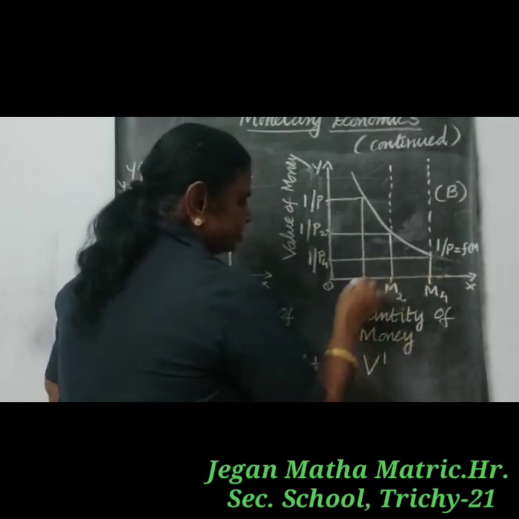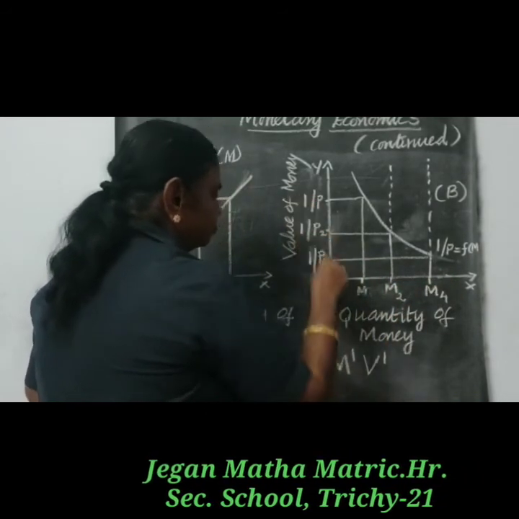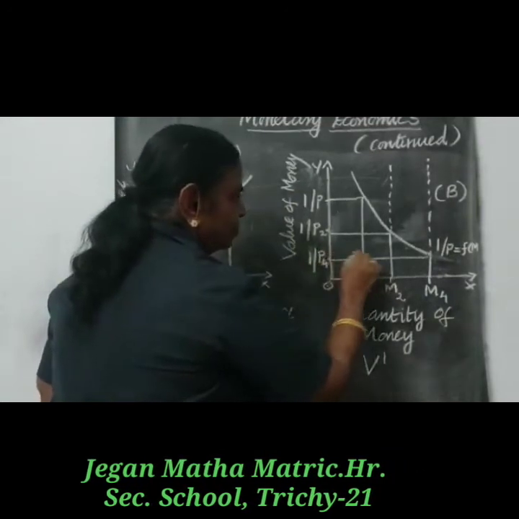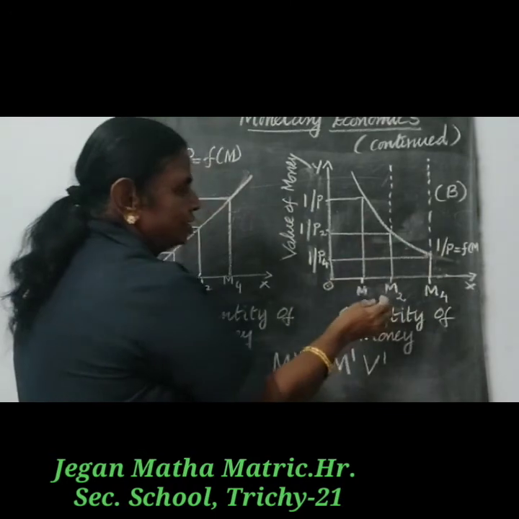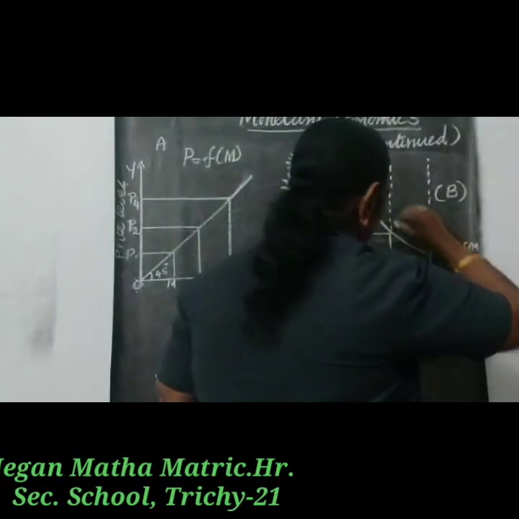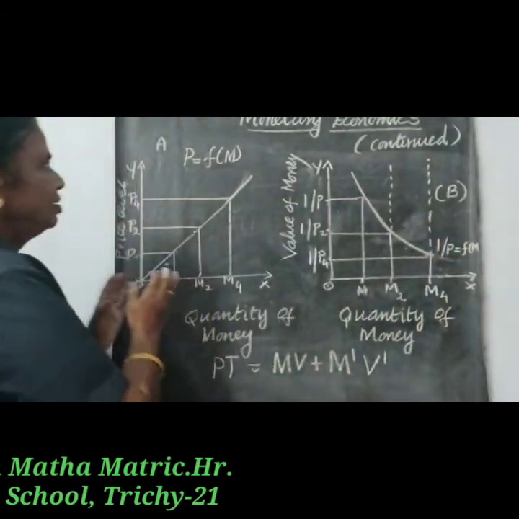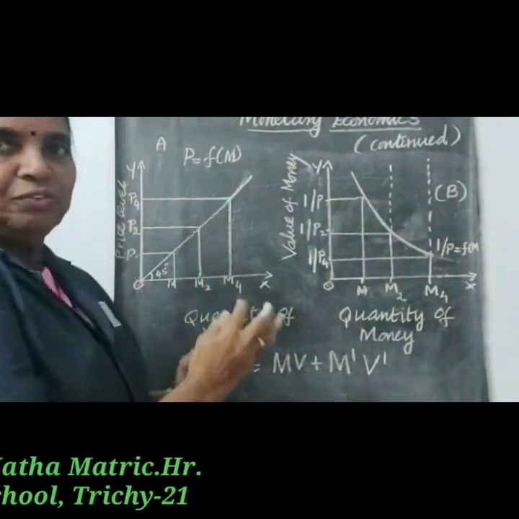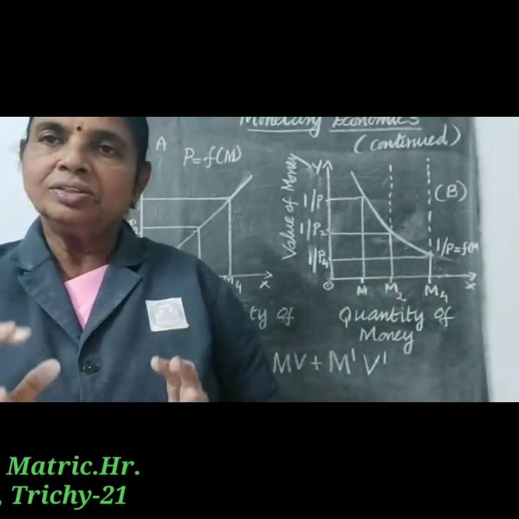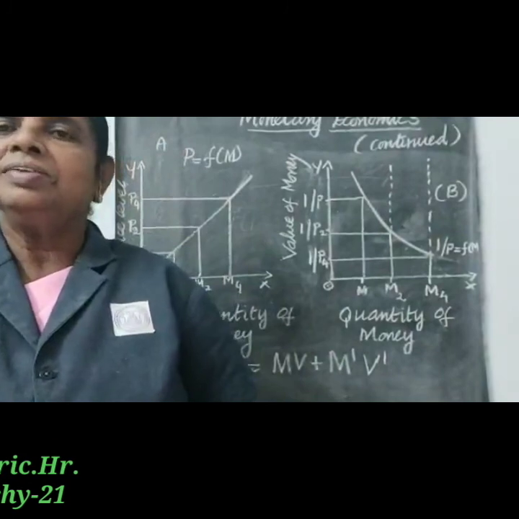When it extends to OM4, the value of money falls to 1/P4. So the curve slopes downward. This is the difference between figure A and figure B. I think now you have understood the quantity theory of Irving Fisher. We'll continue this lesson in the next class.